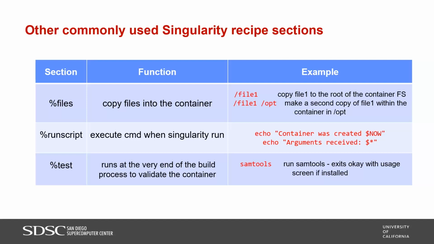And the run script section can execute a command when running singularity run. And the test section can run some very basic tests at the very end of the build process to validate the container.